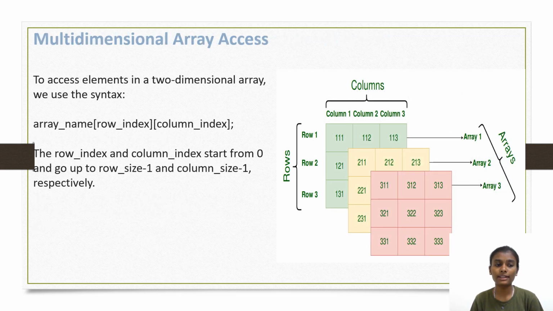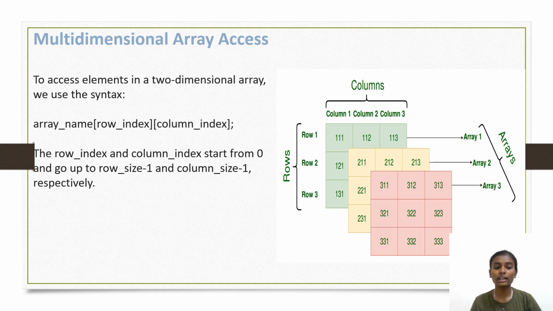Multi-dimensional array access: two-dimensional arrays can be visualized as a grid-like structure with rows and columns. Each element in the array can be identified by its row and column indices. The grid-like structure allows for efficient storage and manipulation of data. To access elements in a two-dimensional array, we use the syntax array name, row index, column index.